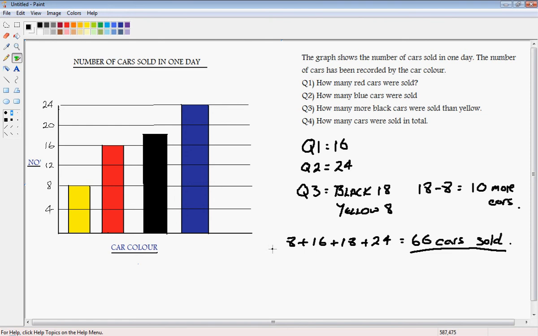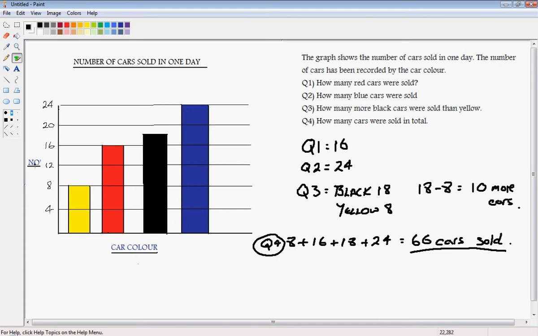Okay. So that would be question number 4. So a quick check. So 8 and 16 is 24. 24 plus 24 is 48. 58, 66. So I know this is right.